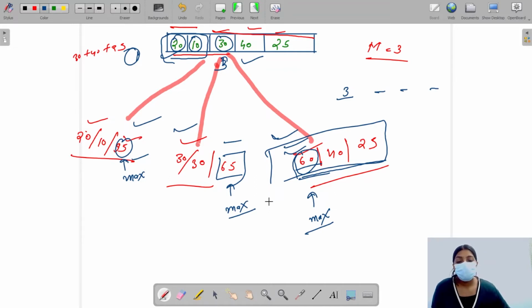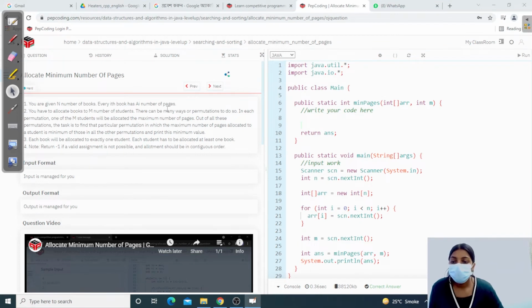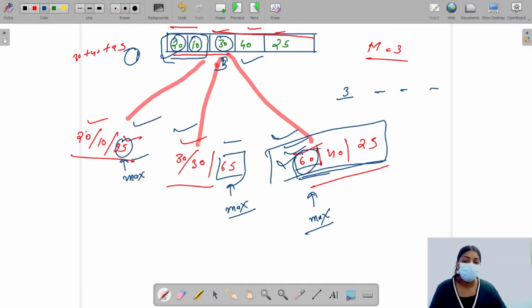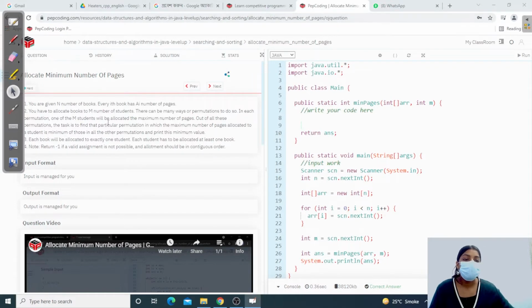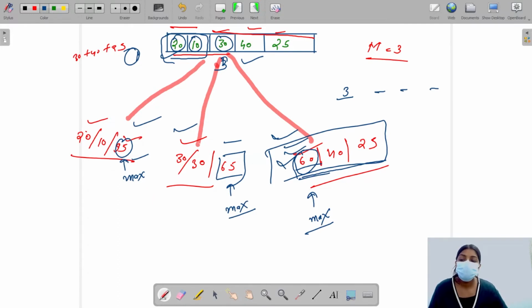Okay. So what I was telling about this max is written here in this question, in this line. There can be many ways or permutations to do so. It says that there are many distributions we can perform, but in each permutation, one of the m students will be allocated the maximum number of pages, as you can see in this distribution, this distribution and this distribution.